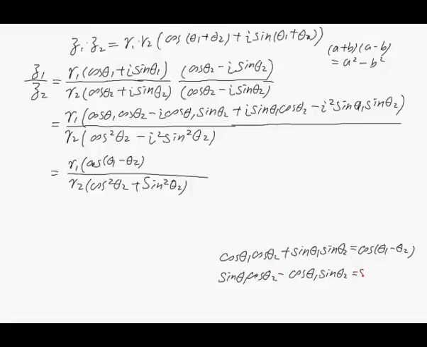So it's equal to sine of theta 1 minus theta 2. So now the imaginary part is just i times sine of theta 1 minus theta 2. And the denominator is 1 by the fundamental identity.